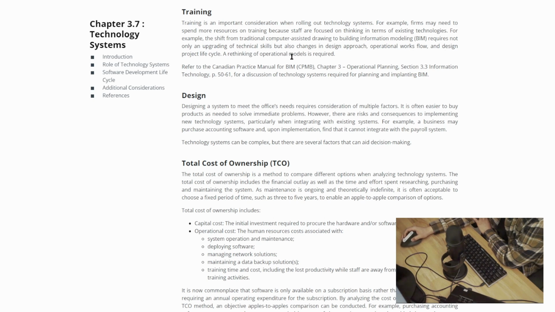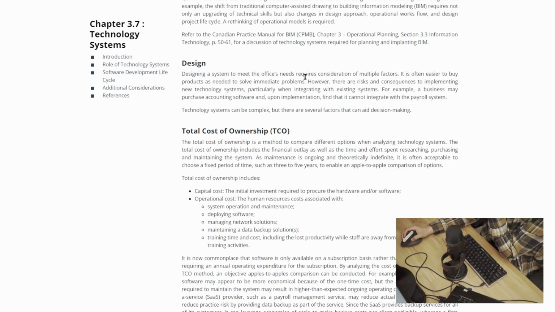A rethinking of operational models is required. Refer to the Canadian Practice Manual for BIM for discussion of technology systems required for planning and implementing BIM.